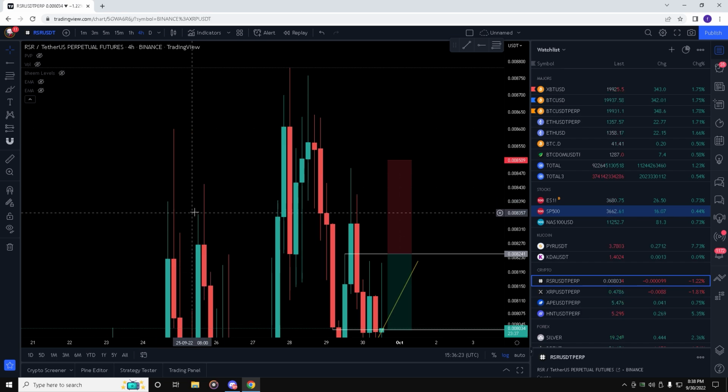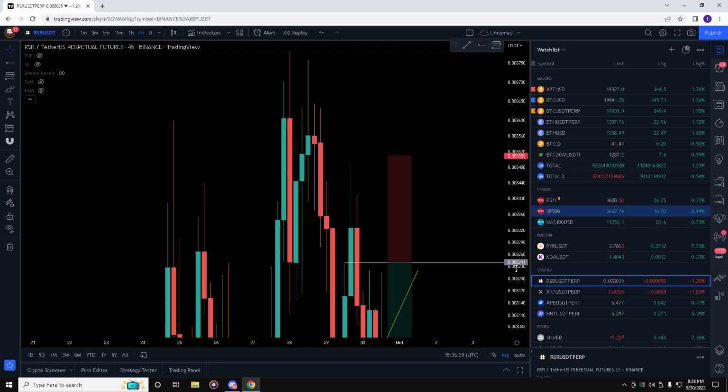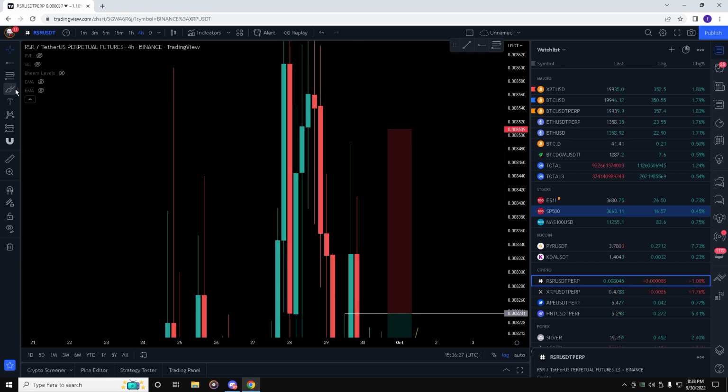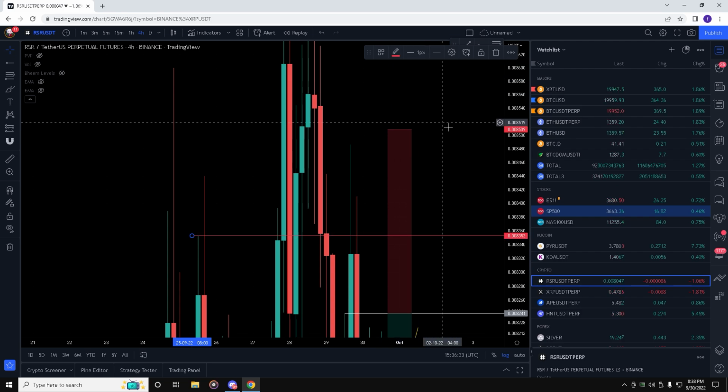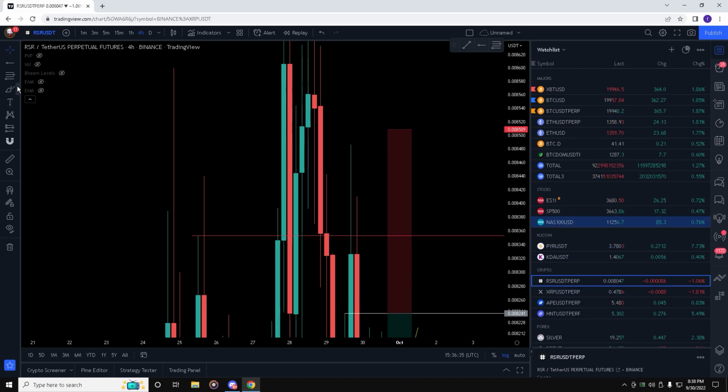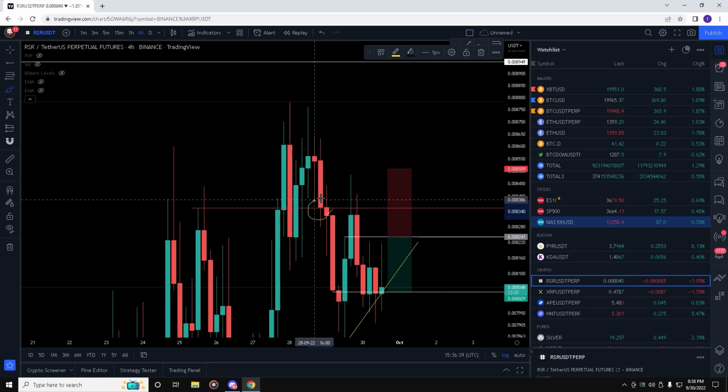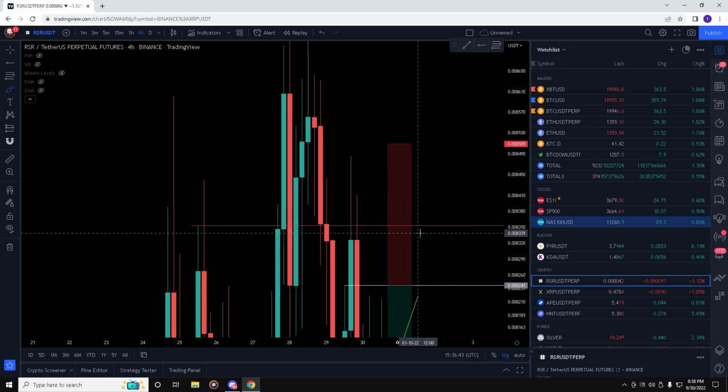Alright, you see there is wicks. You see that there is some sort of a major wick over here. If I mark this wick, I see that when the candle closed above this, it had a huge pump, and it had acceptance below this, it had a huge dump. So I have a key level over here.